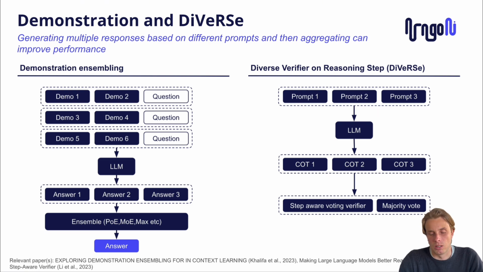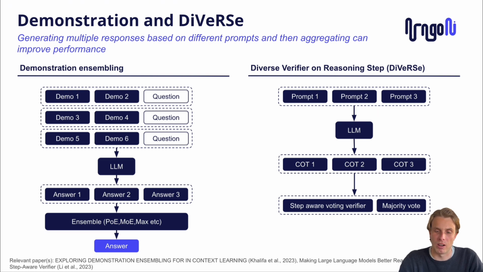Effectively, the logic that they build upon is, whilst a chain of thought might produce an incorrect answer, there can be differing degrees of how incorrect it is. For example, a chain of thought might get the ultimate answer wrong, but one of its initial steps of reasoning in its rationale was actually correct. We might want to leverage these correct reasoning steps in the ultimate answering of this question.